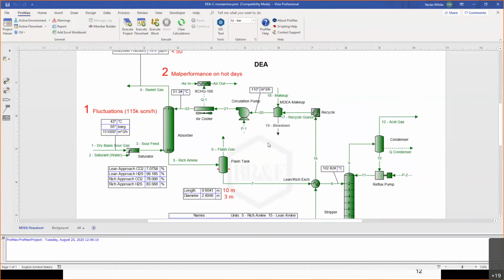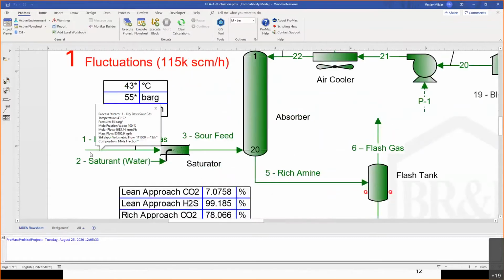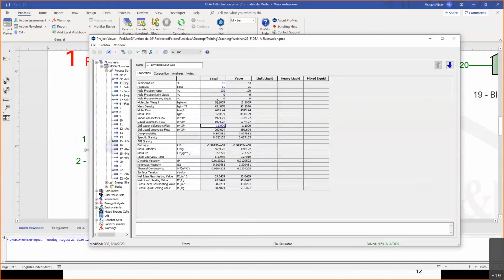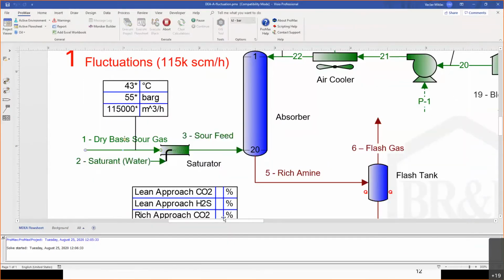And what I'm gonna do now is that I will open the first case A, and I'm going to increase the sour feed flow rate to 115. And I'm going to execute the flowsheet.